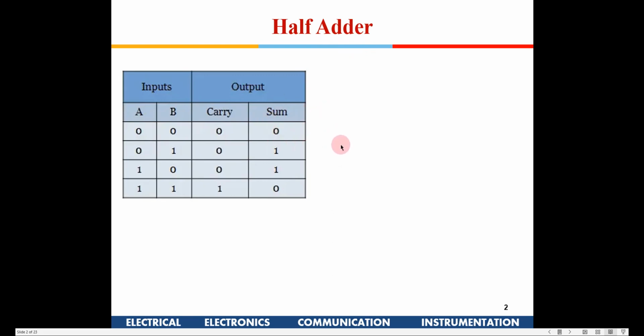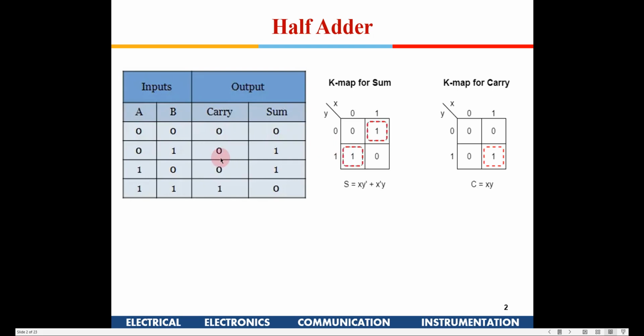So the basic building block is a half adder, where you have 2 bits which need to be added. If I make a K map for that, if I add 0 0, the carry and the sum, a half adder is a 2 input module with 2 outputs. So it will be 0 0, and carry will be 0 and sum will be 0.